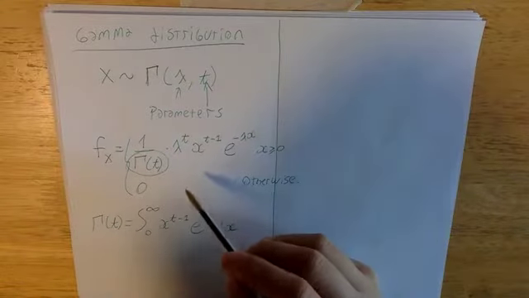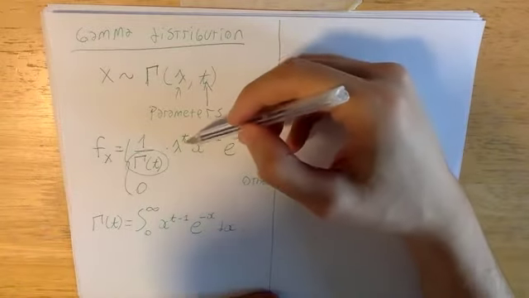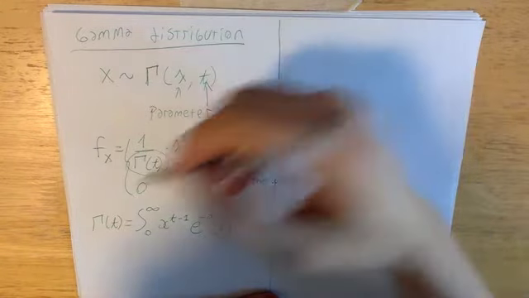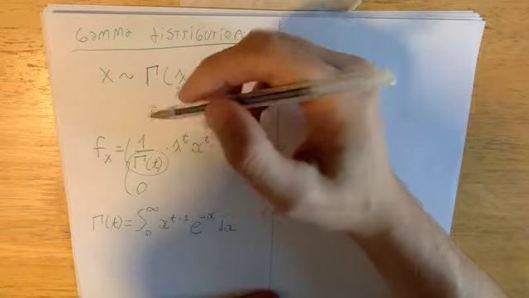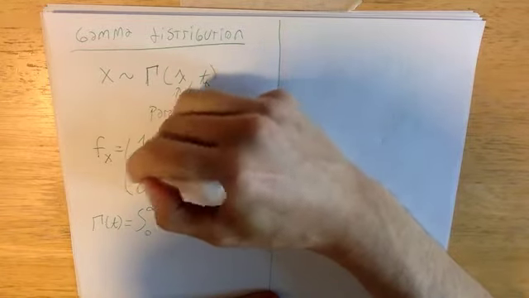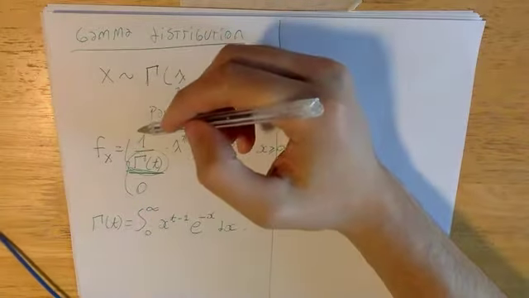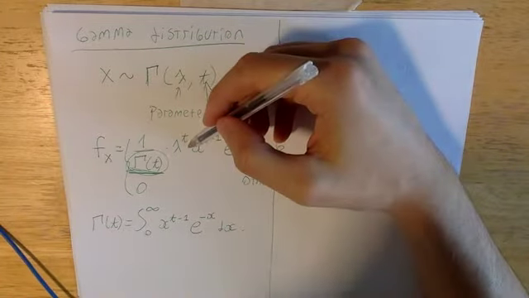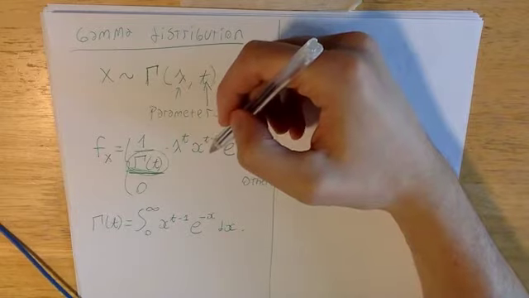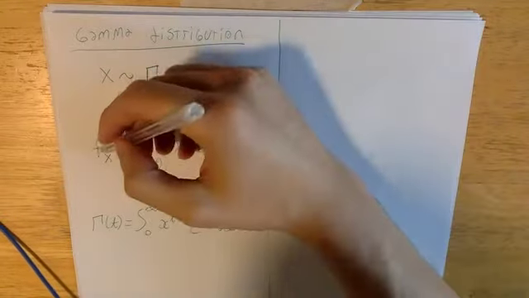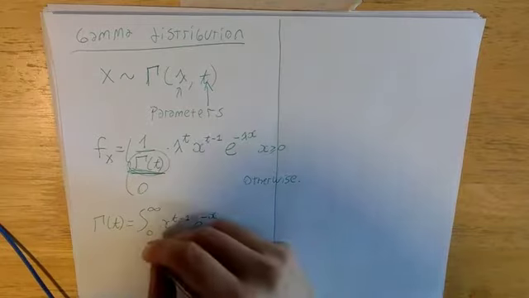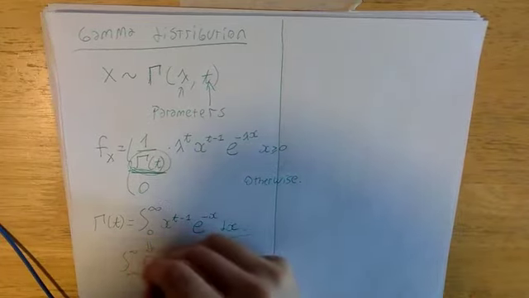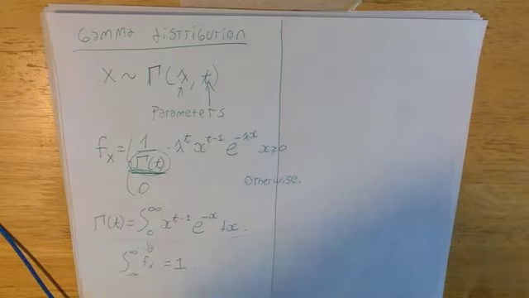For this particular function, gamma of t is exactly what you need to normalize this distribution. This definition of gamma of t implies that the integral from minus infinity to infinity of f of x is equal to 1.